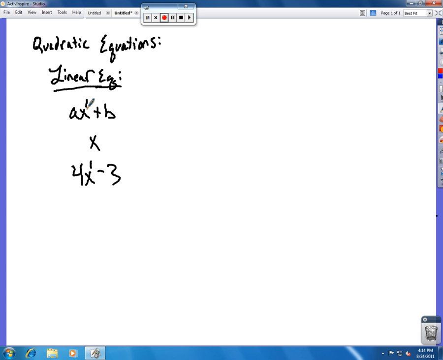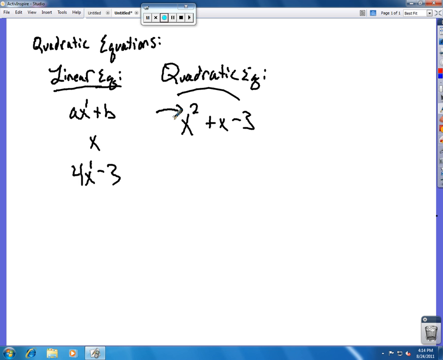For a quadratic equation, these are more of the form something like x squared plus x minus 3. And you know it's quadratic simply because the power of 2 is greater than 1.